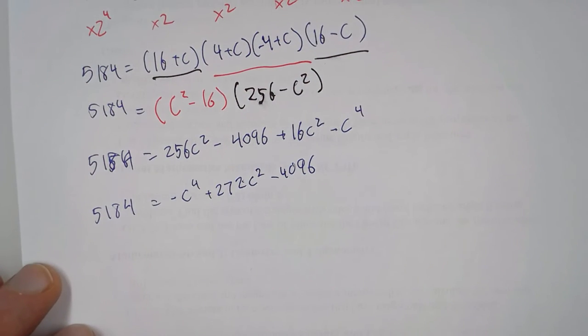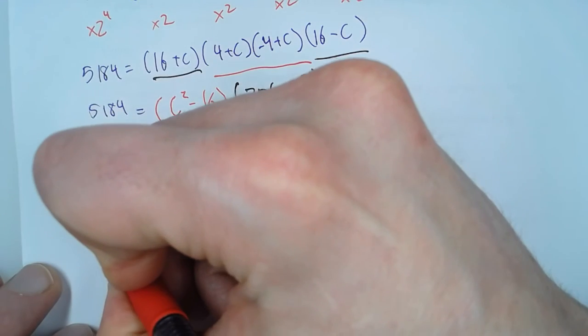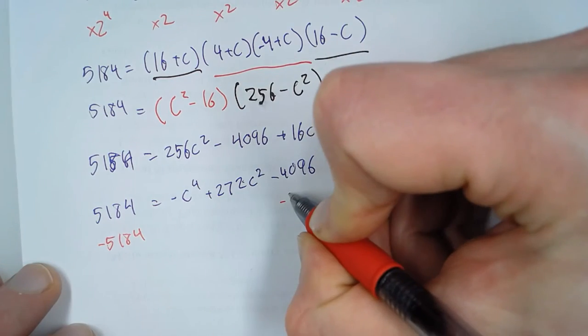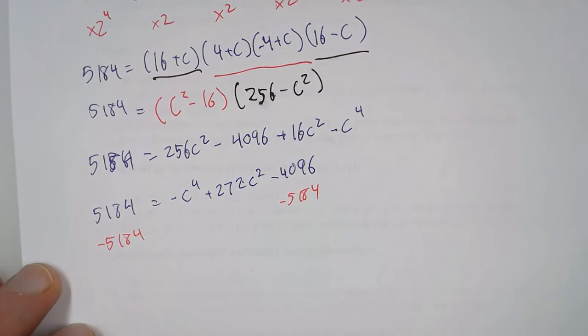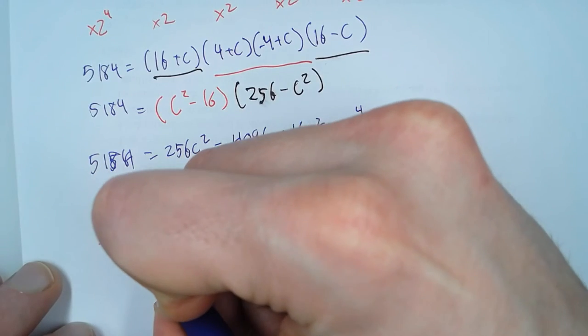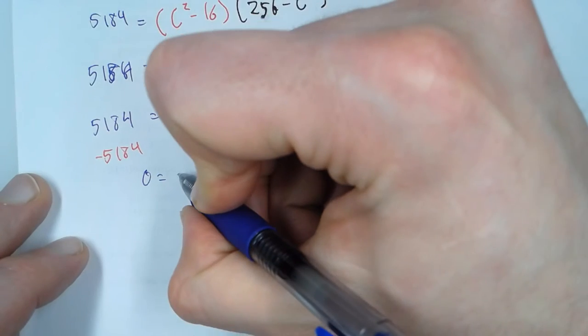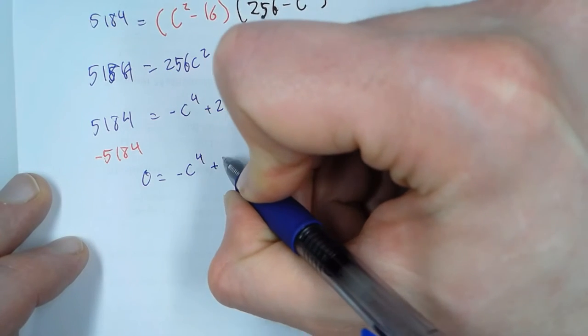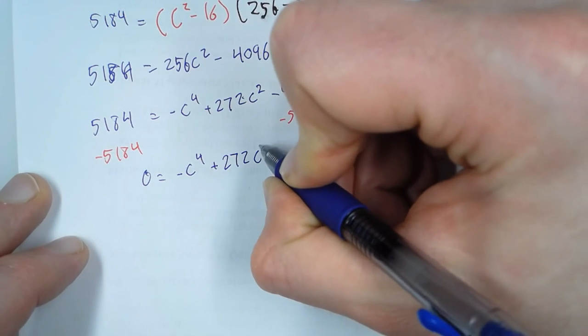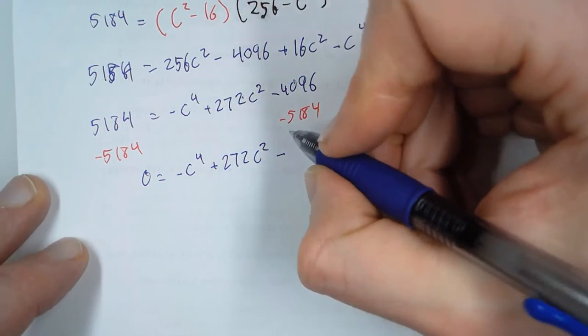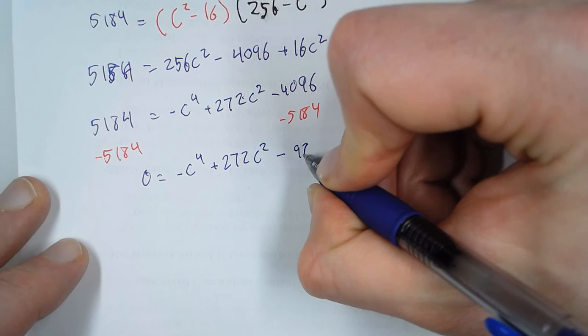So now we're going to subtract 5,184 over to the other side. So when we do that, it's equal to 0. Negative c to the 4th plus 272c squared minus 9,280.